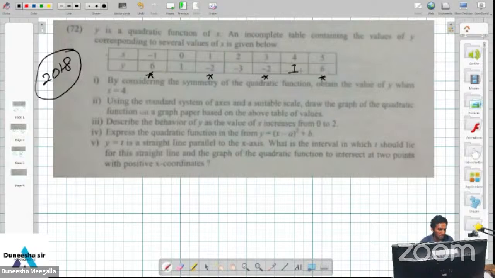You can draw using 10 divisions for 1 unit.